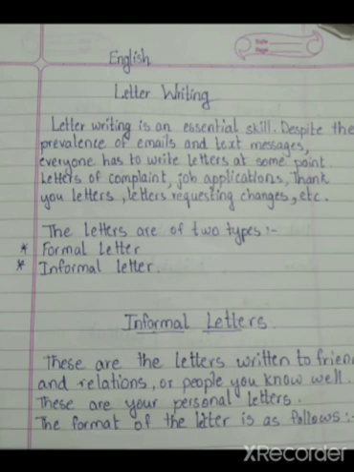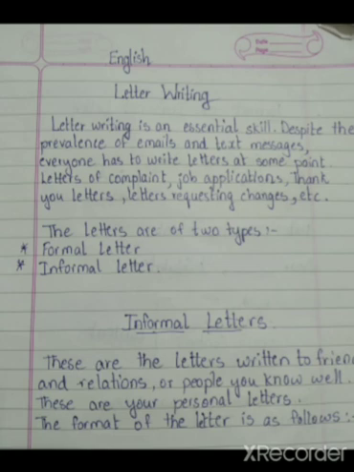Okay, the other one, as we have seen, is your formal letter. Now, what is a formal letter? A formal letter is a letter which is written at a formal place to some authority. For example, if you are at school and you're writing a letter to your principal, that is a formal letter. Though your principal might be a relative, here at a formal place, they're going to be your formal letter.